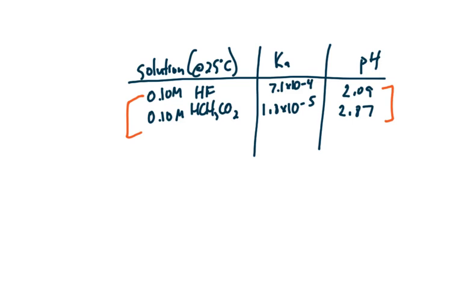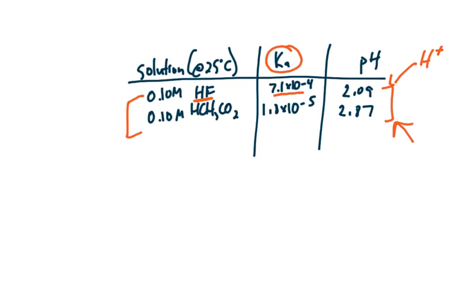The pH of the hydrofluoric solution is lower, which means that the hydronium ion concentration is greater than that of the acetic acid solution. Why is that? Well, because the Ka of hydrofluoric acid is larger.